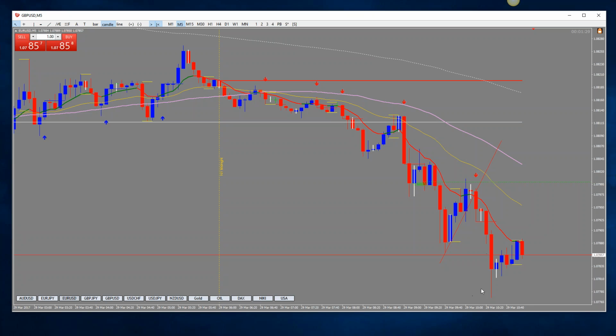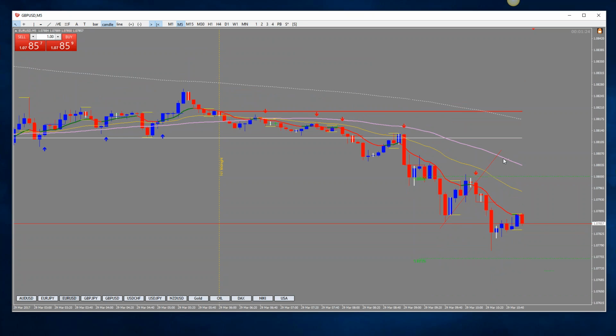I have the same thing here with the euro dollar, which is a little bit better of an opportunity. I would be looking at the euro dollar for anywhere from 2 to 6 pips. It could go to the 75.